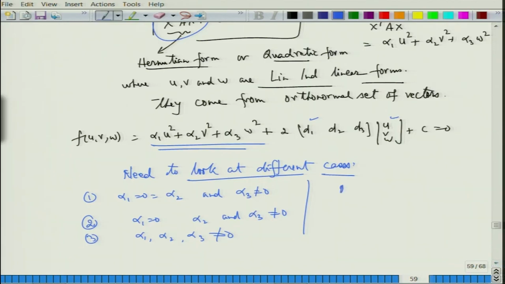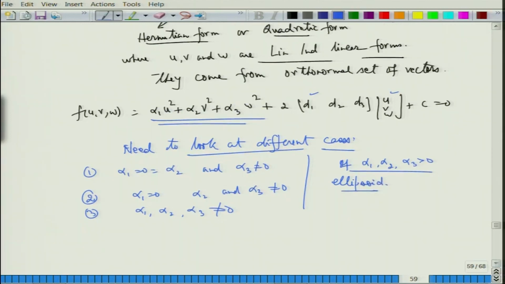So, if alpha 1, alpha 2, alpha 3 are positive, then you can get what is called an ellipsoid. Why will you get an ellipsoid? Again understand that nicely. All these are the axes, the lengths of the axes in some sense correspond to that part, and you can look at this here.